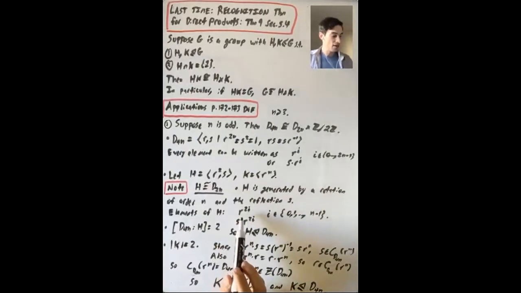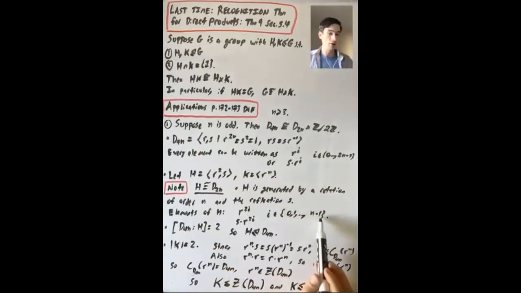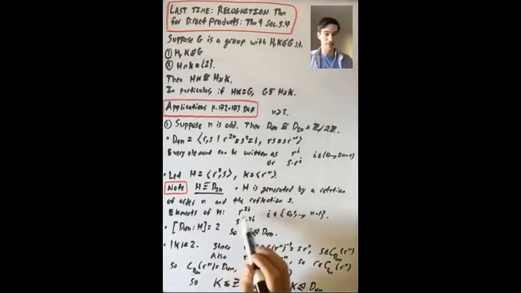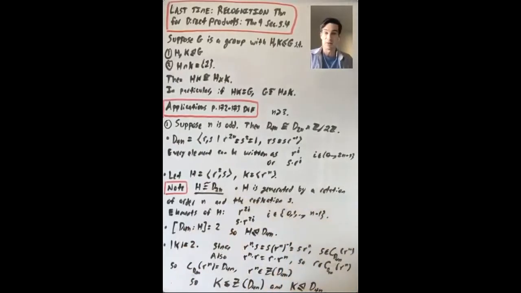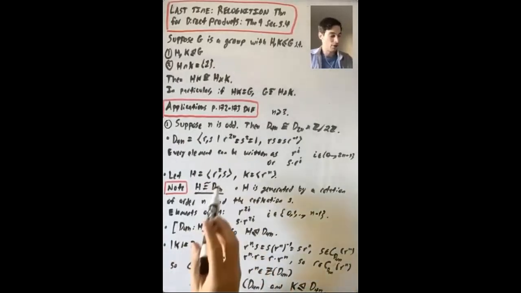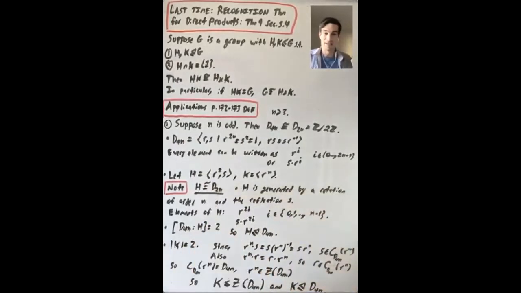It contains R to the 2i power for all i between 0 and n minus 1. And then it also contains S times R to the 2i for those same values of i. So this is enough to really carefully write down an isomorphism between this group H and the standard presentation of D2n, where you just take R squared to the rotation generating D2n in the standard presentation.